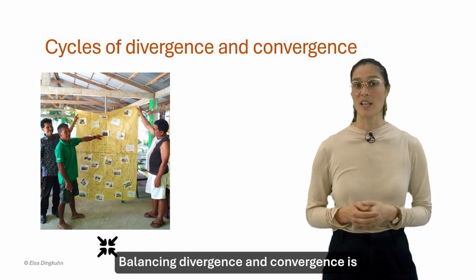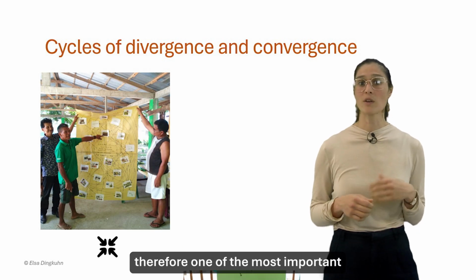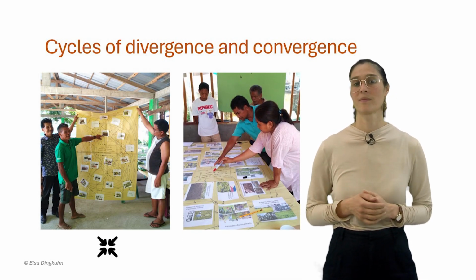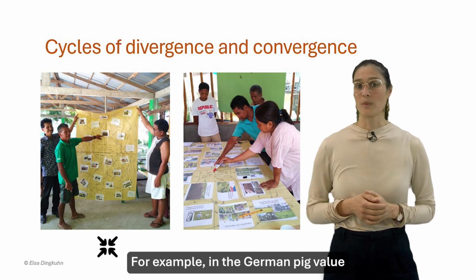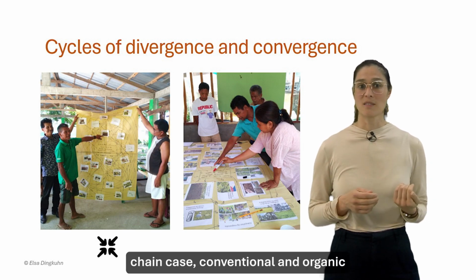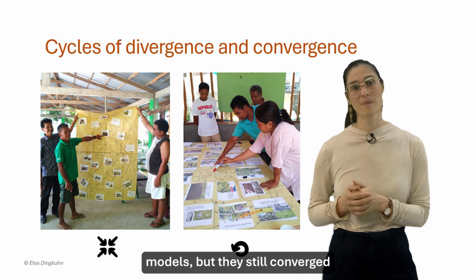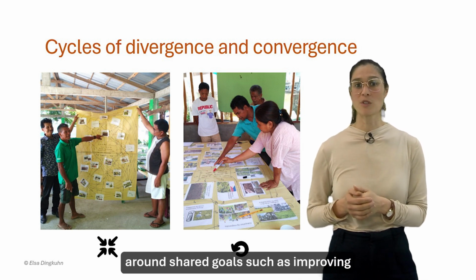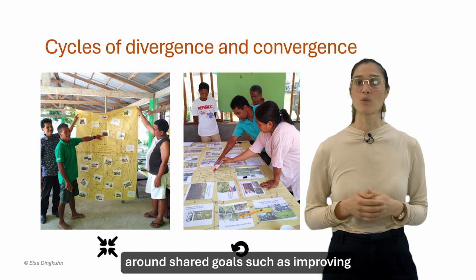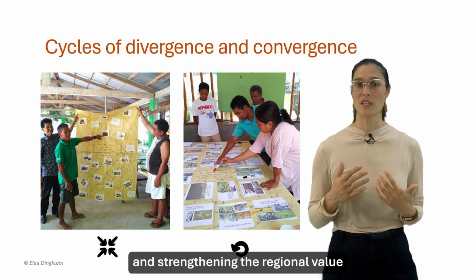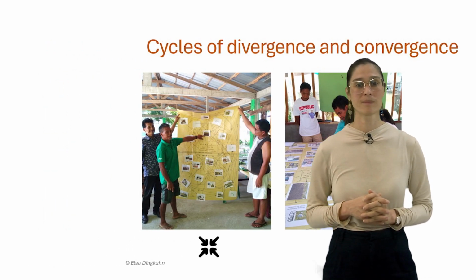Balancing divergence and convergence is therefore one of the most important skills of participatory facilitation. For example, in the German pig value chain case, conventional and organic pig farmers had different production models, but they still converged around shared goals, such as improving animal welfare, reducing emissions, and strengthening the regional value chain.